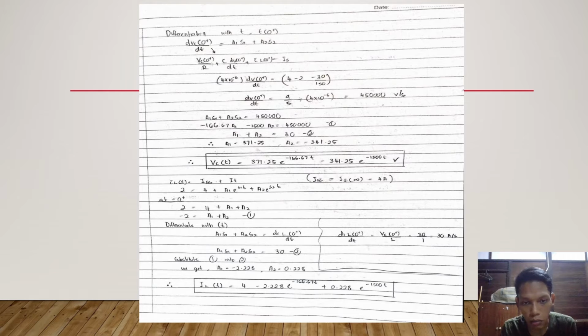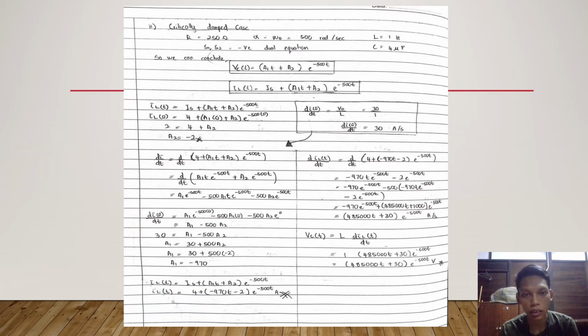We combine and get A1 negative 2.228 and A2 0.228. From that we put into the formula and get iL(t) equal to 4 minus 2.228 exponent negative 11.670 t plus 0.228 exponent negative 1500t.